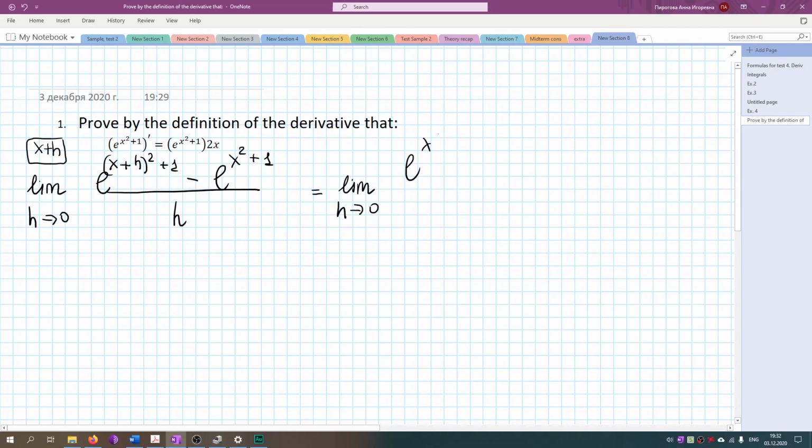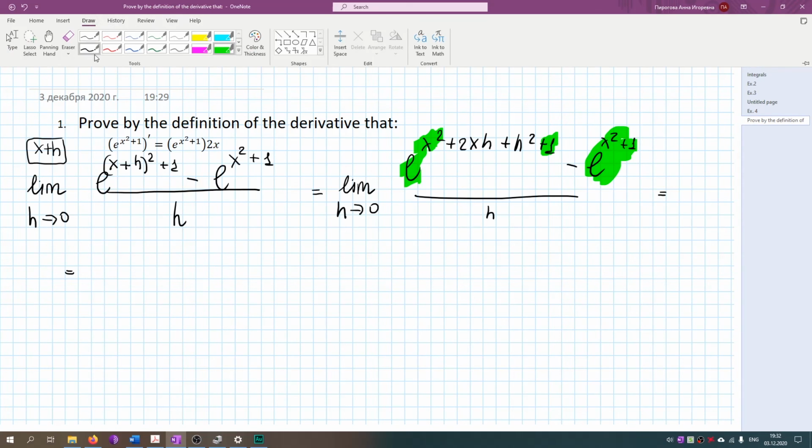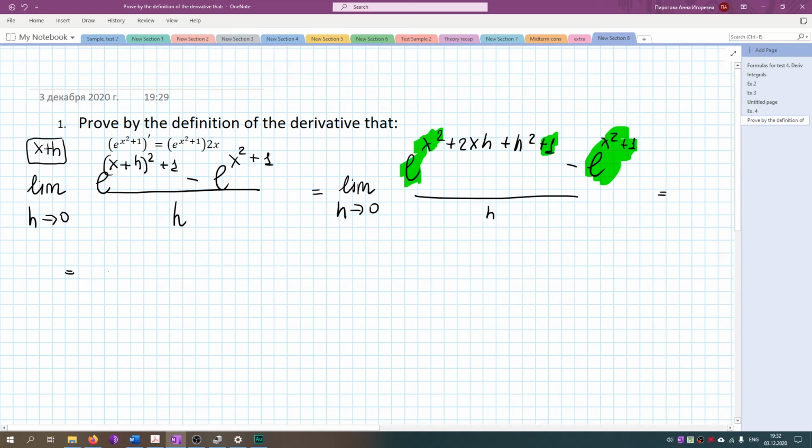I simplify the expression by opening the brackets. And now we can see that we can take this part out of the brackets because it will simplify our equation.